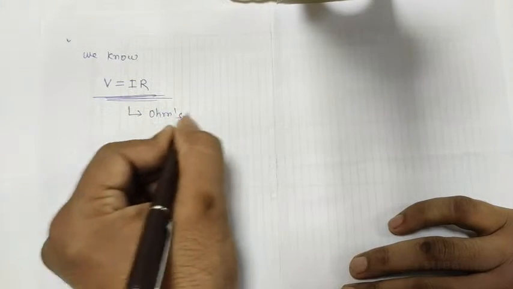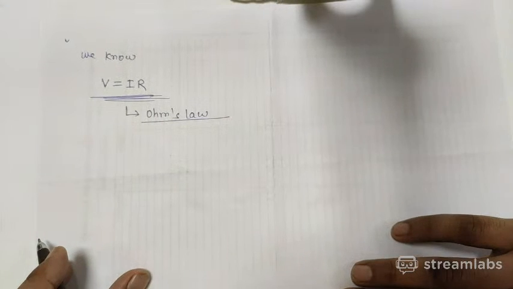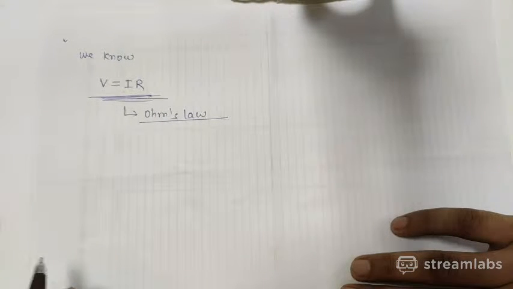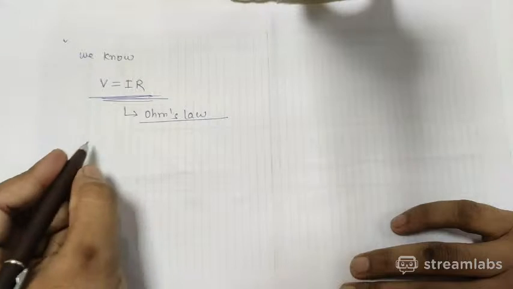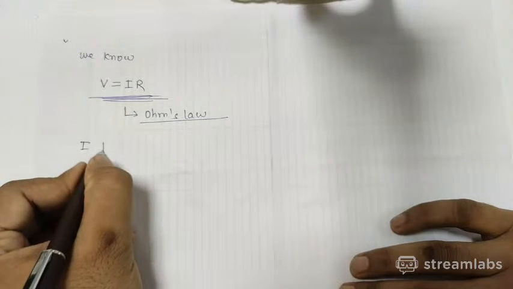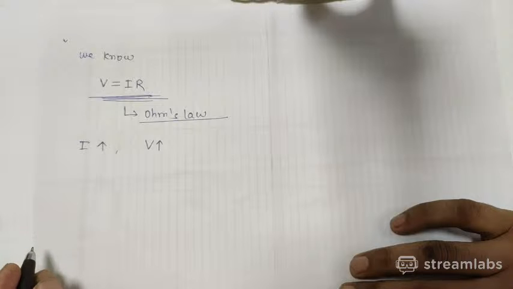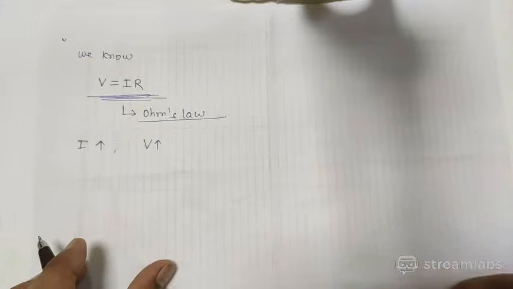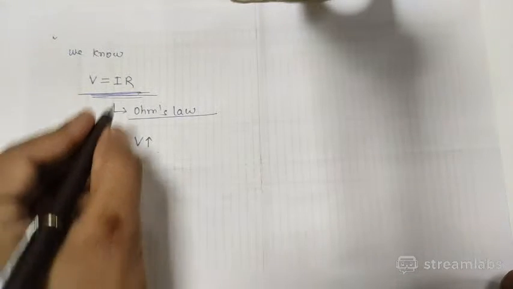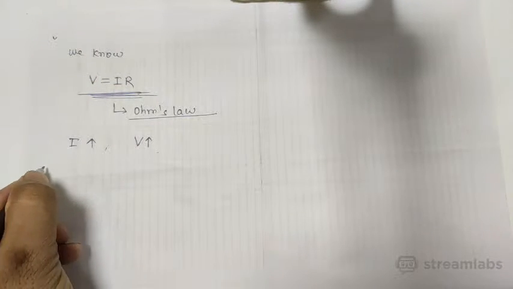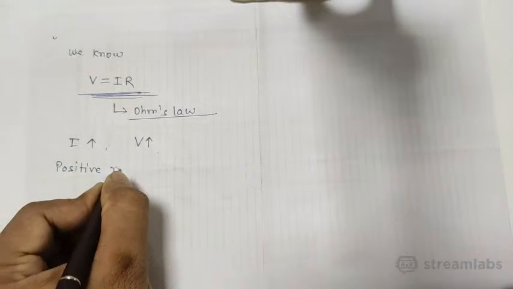Very good. Most of the devices in circuits follow Ohm's law. That means when current increases, voltage also increases. This means the resistance is positive. This is positive resistance.